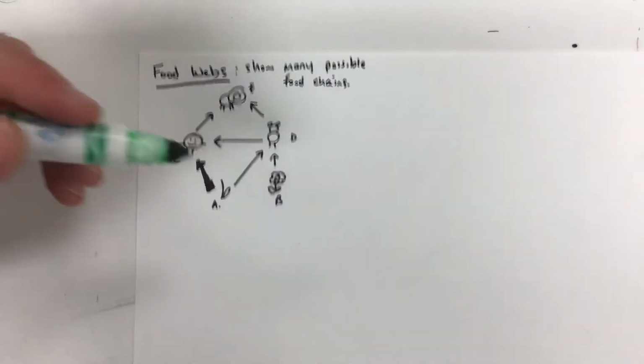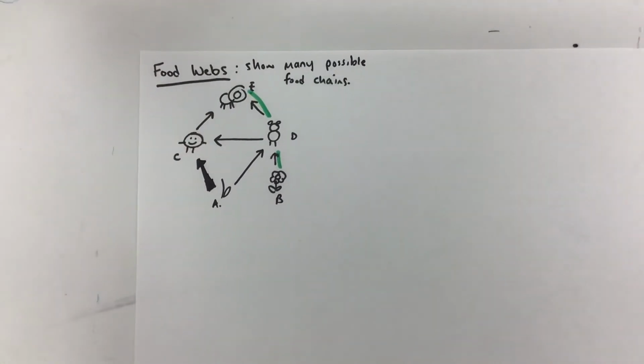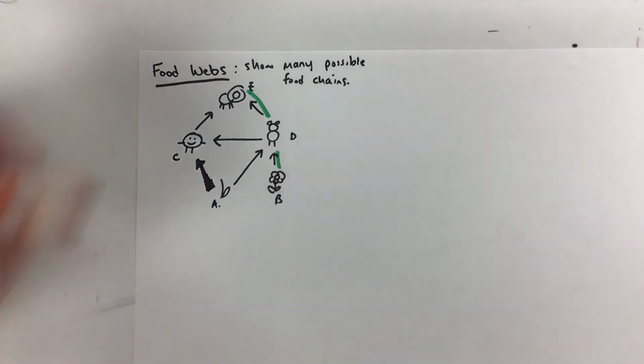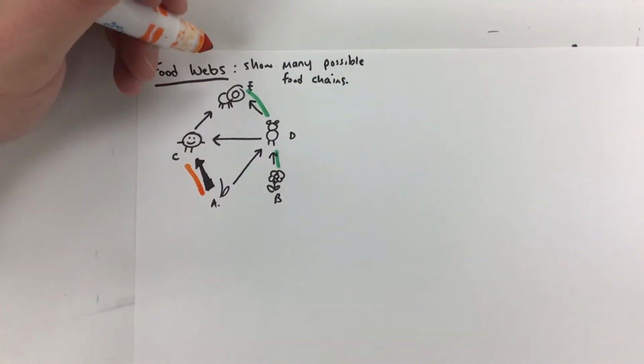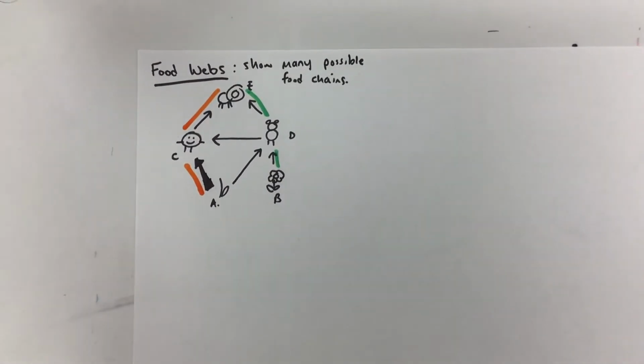Okay, here's one, B to D to E, there's one. Okay, tell me another one. A to C, C to E. Okay, there's these 2.